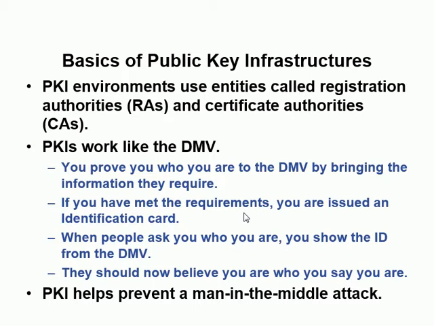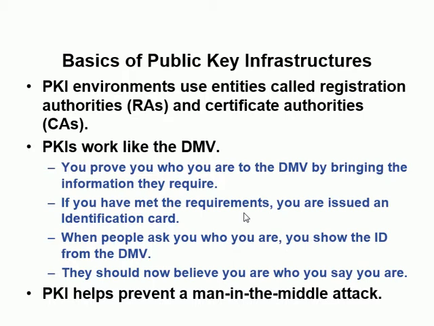They have this 7-point ID system where they assign a point value to all these different documents that you have to bring in. So you have to bring in an electric bill to prove that you live somewhere that's got your name on it. You can bring in your passport. You can bring in all these different documents, but they won't accept just one document. It has to be multiple documents. So the DMV does a lot of work to make sure that you are who you say you are.